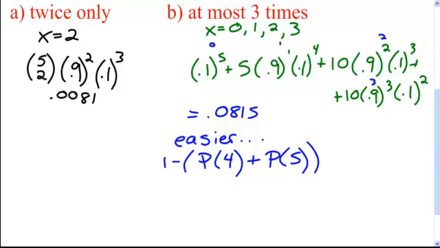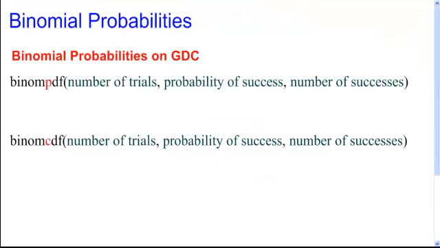Now, sometimes some of the ones that we're going to calculate are going to take a lot of time. So we're going to be able to use our calculator to help shorthand some of this. There are 2 different things we're going to use in our calculator. There's a binomial PDF, and then there's a binomial CDF. The binomial PDF is used for an individual probability.